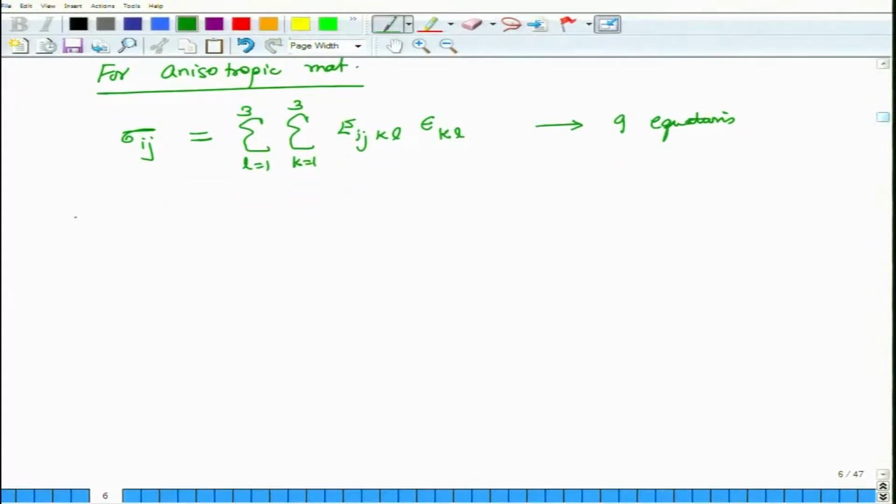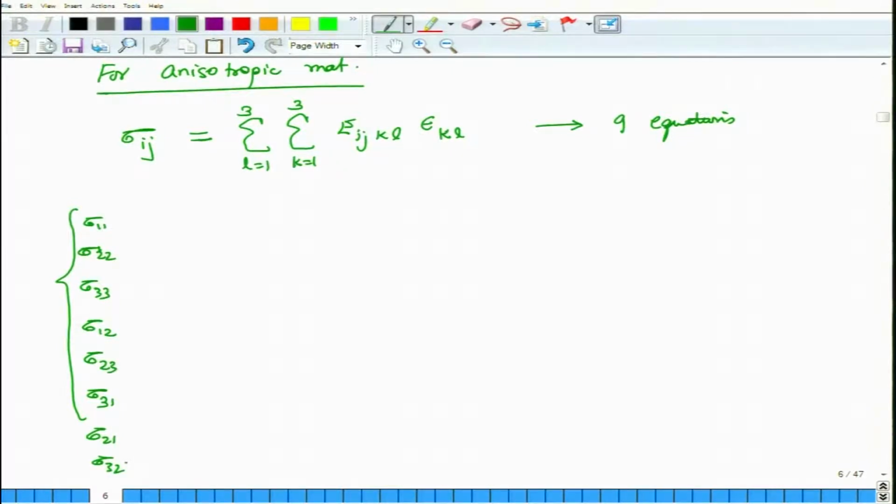So, in other words, I can have 9 different equations: sigma 11, sigma 22, sigma 33, sigma 12, sigma 23, sigma 31, sigma 21, sigma 32, and so on and so forth.